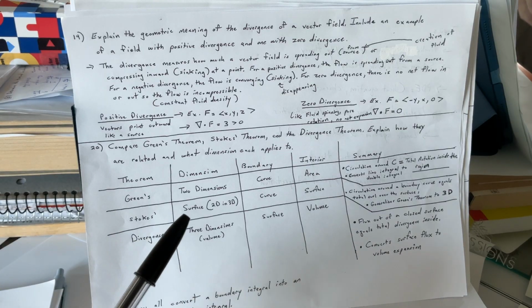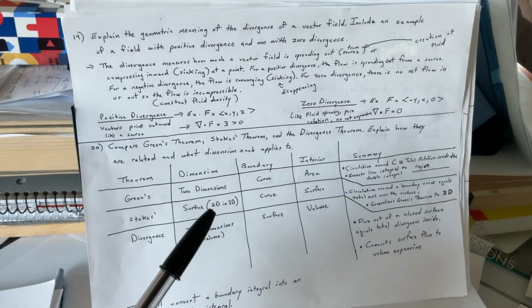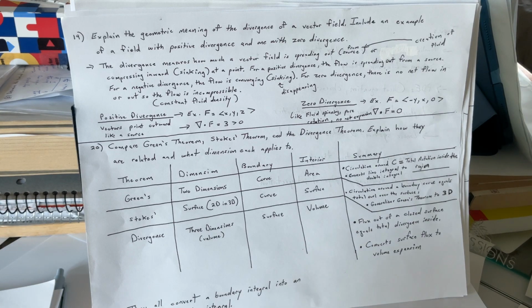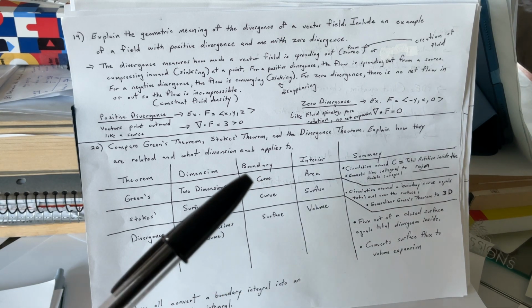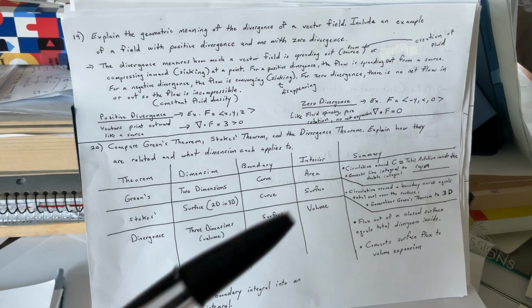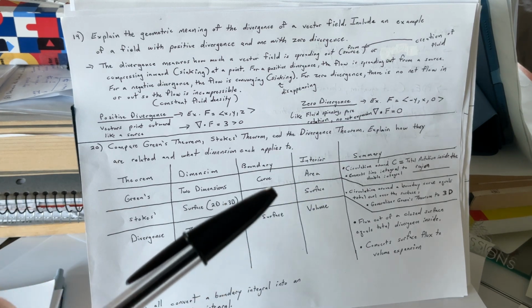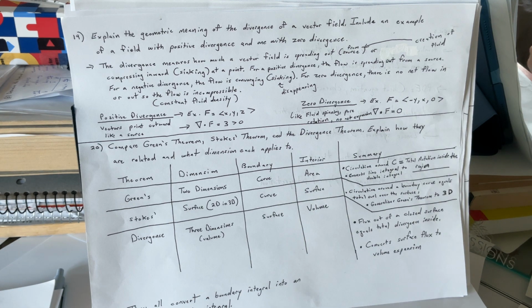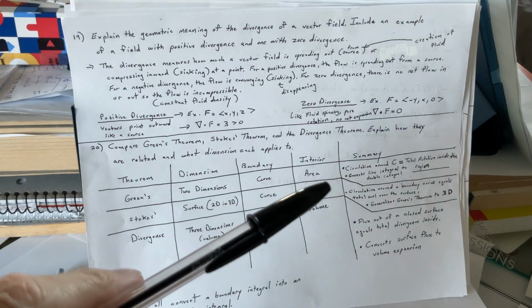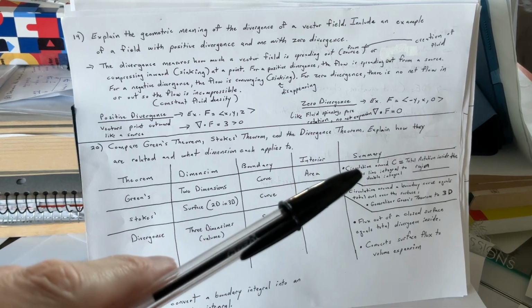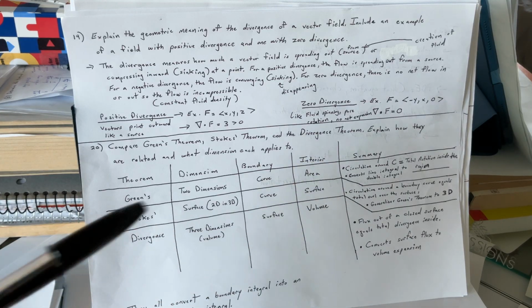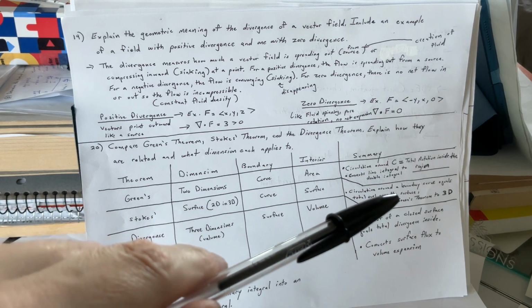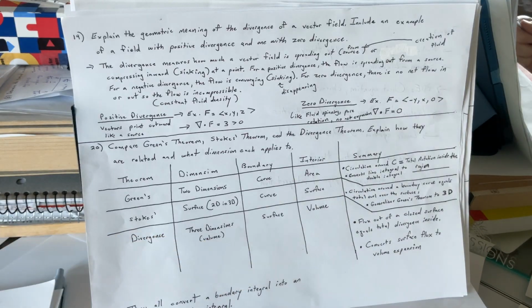Stokes, surface, 2D in 3D. 2 dimensions and 3 dimensions. The boundary here is also a curve, like Green's. The interior, though, unlike Green's, the interior is a surface. Okay? So we could summarize Stokes as the circulation around a boundary curve equals, think curl, the total curl over the surface.